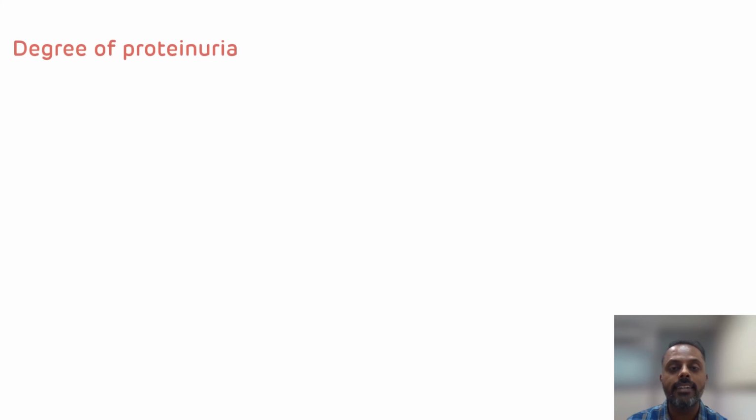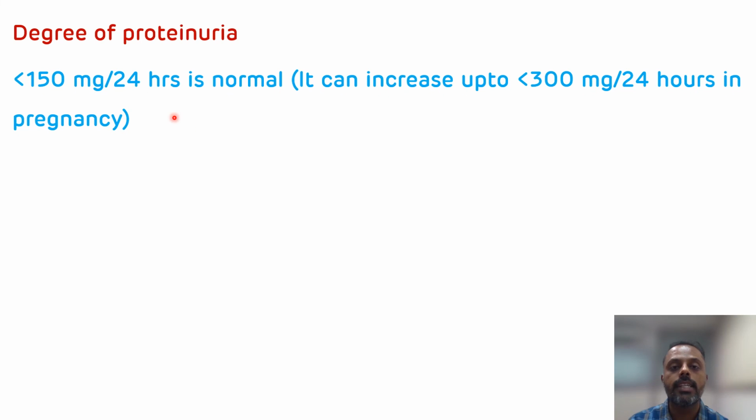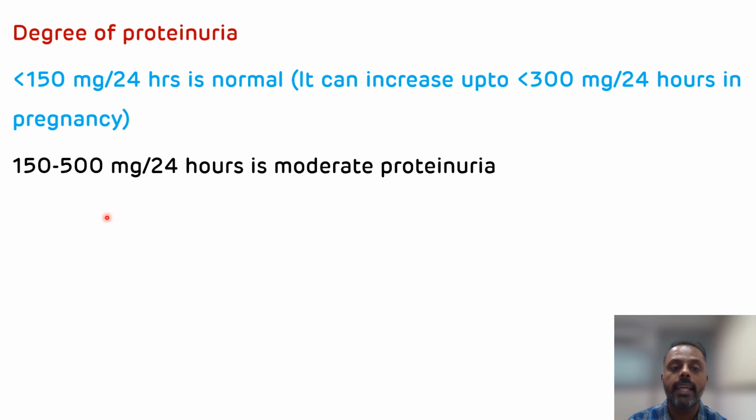Now we will see the degree of proteinuria. If protein excretion is less than 150 milligram per 24 hours, it is considered normal. This range can increase up to less than 300 milligram per 24 hours in pregnancy. If the excretion is between 150 to 500 milligram per 24 hours, it is considered moderate proteinuria.